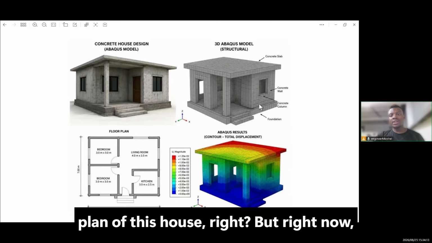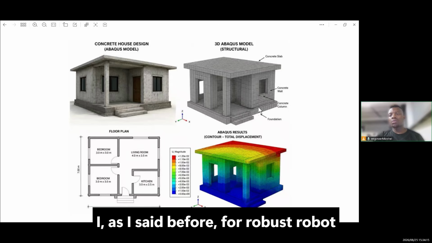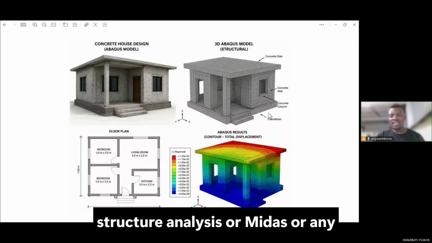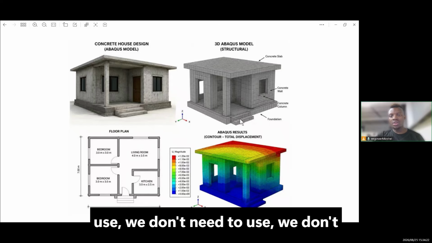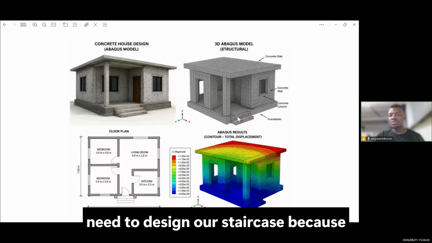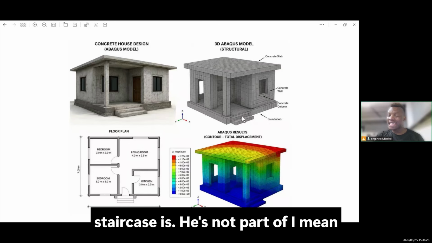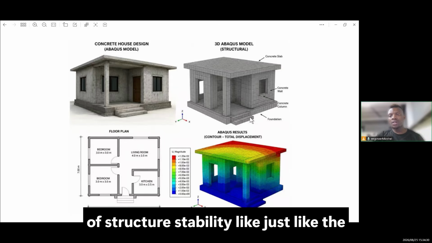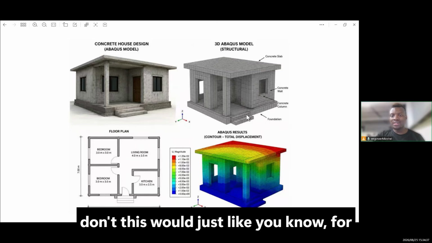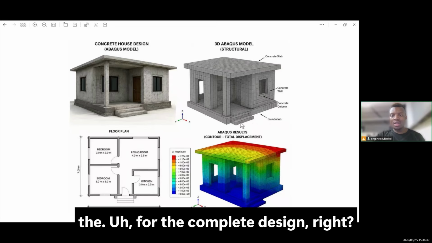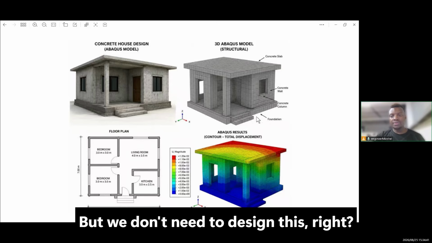But right now, as I said before, for robot structure analysis or MIDAS or any structural software, we don't need to design staircases, because the outside staircases are not part of structure stability. It's just accessibility of the house, right? This was just for the complete design, but we don't need to design this.